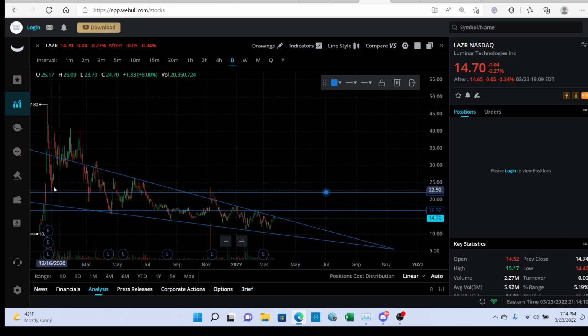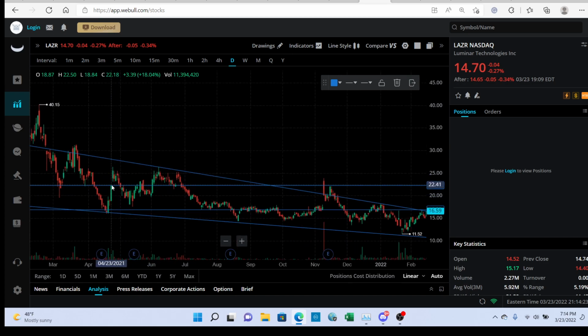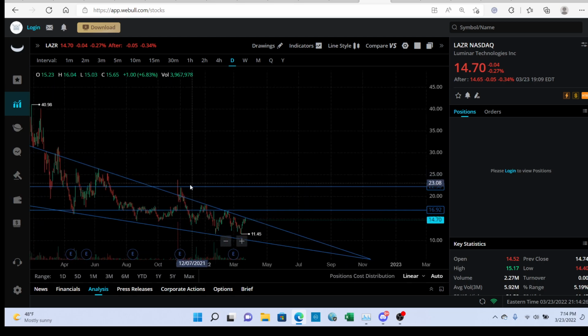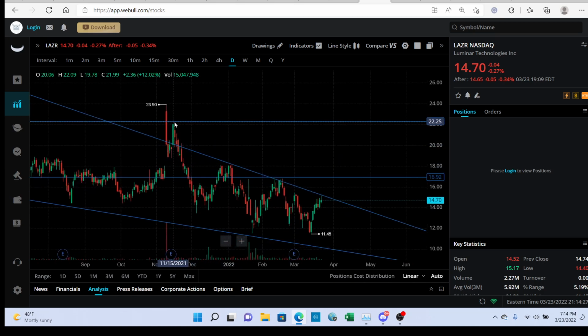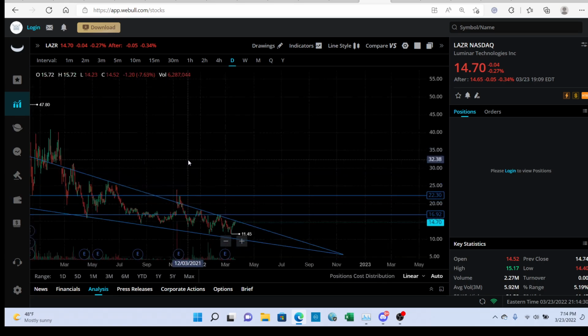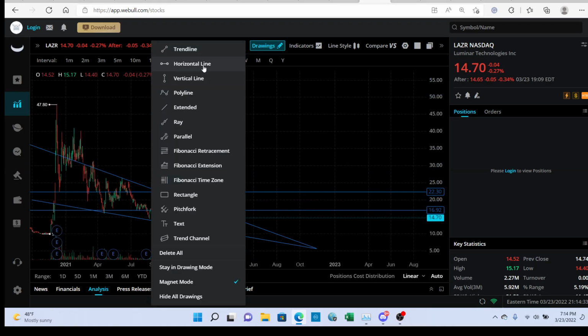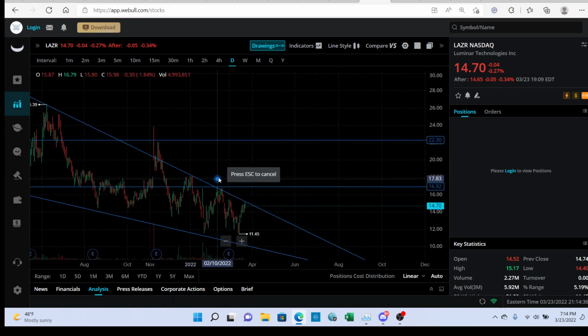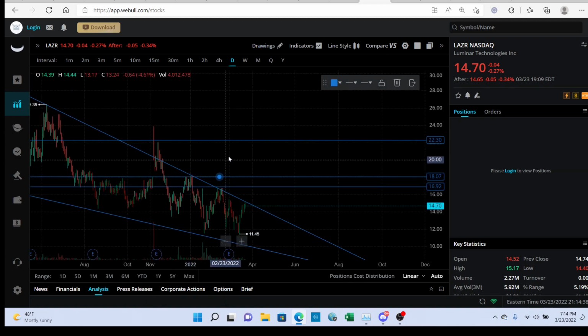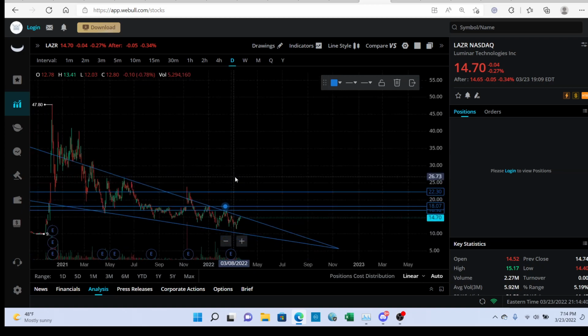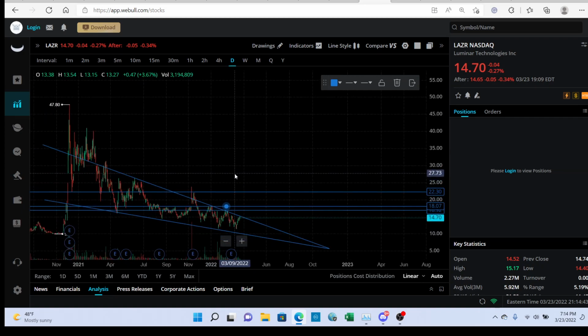You can see right here, right there, catches that gap. And this area right here catches this movement. Probably the bottom of this gap right here, which is around $18. So quite a bit of resistance.